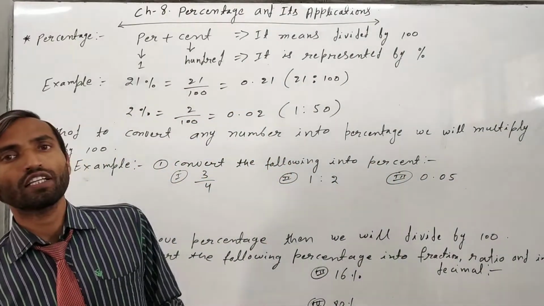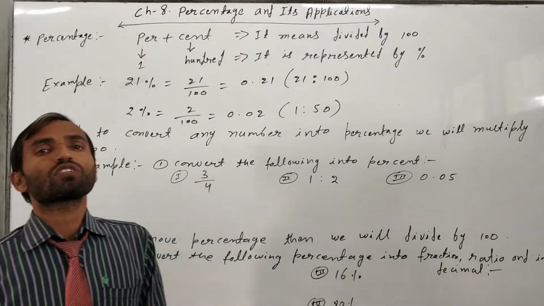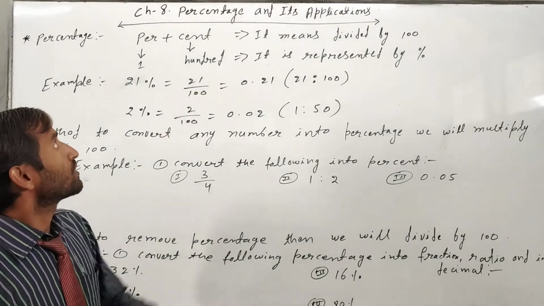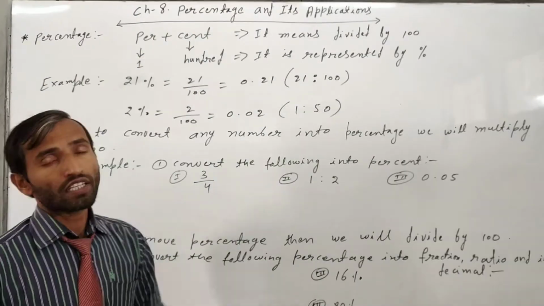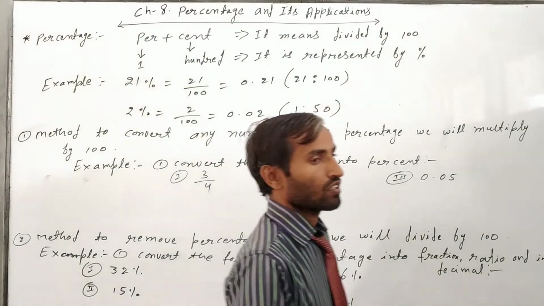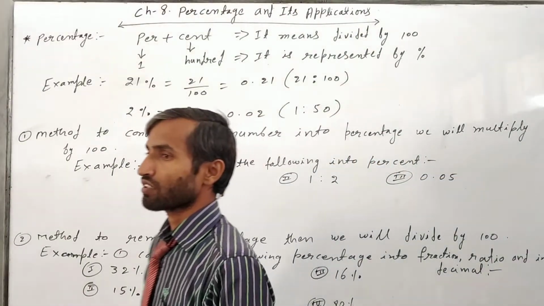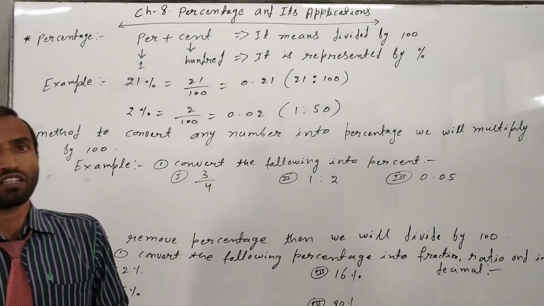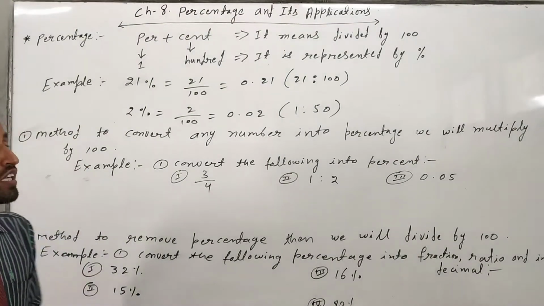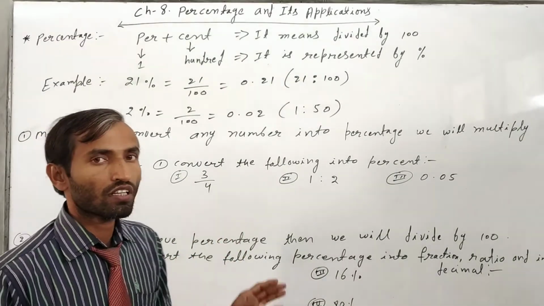We have already completed the linear equation chapter, that is chapter number 7. Now we have to start the next chapter, chapter number 8, percentage and its application. This is a different part. Whatever we did last session, after the half yearly assessment, was algebra, linear equation and factorization.